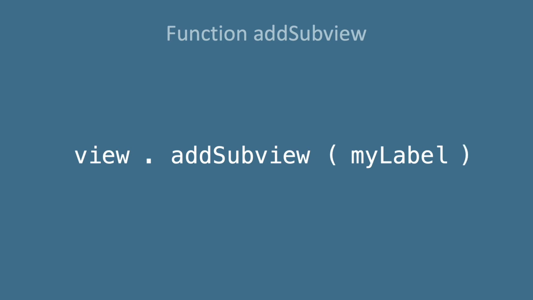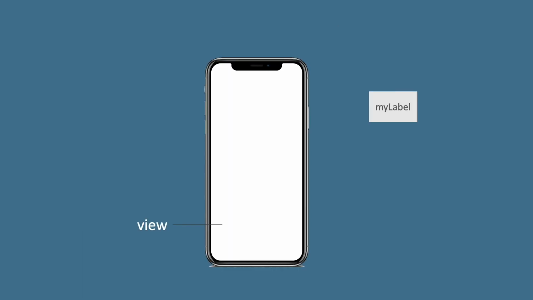We'll dive into the function later, but for now, we'll focus on the concept of adding a subview. So with this line of code, my label is now added on top of view as its subview.